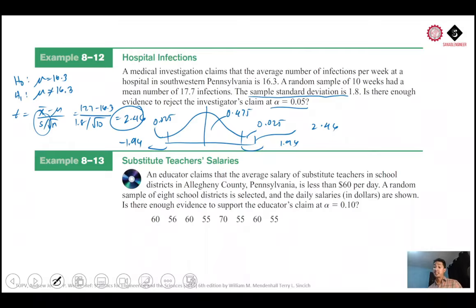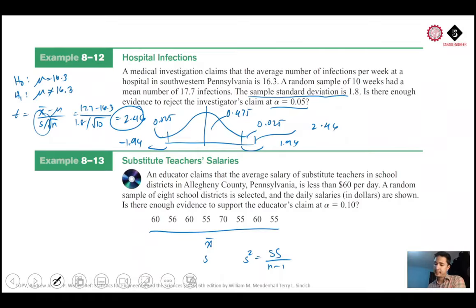The question: is there enough evidence to support the educator's claim at the 10% level of significance? So let's find out. Since we are given raw data, we're going to solve for the x bar and the sample standard deviation from the variance, which is the sum of squares divided by n minus 1.